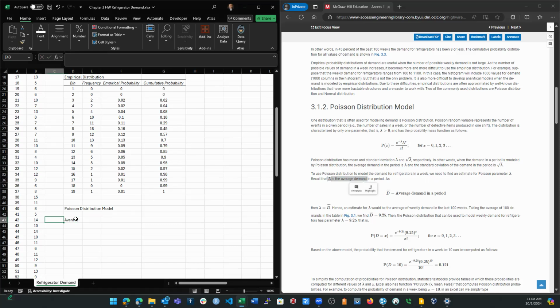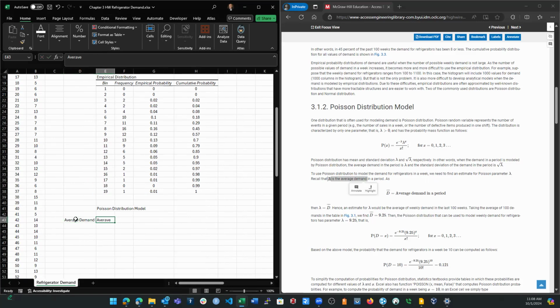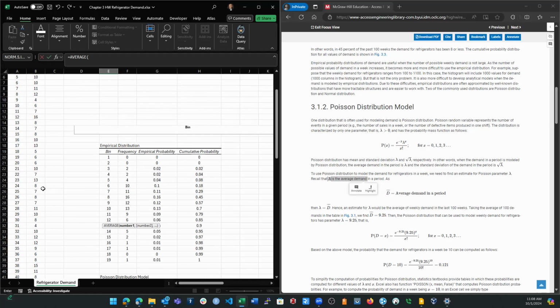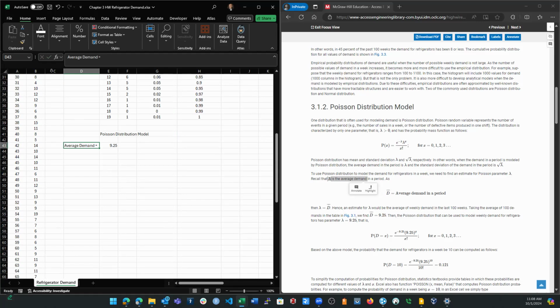Average demand is equal to, and I'm going to type in an average formula. I'm going to go all the way up to the top and I'm going to average my demand. What is the average demand? So my average is 9.25. It might be helpful to have the formula text here. Okay, we have the average demand.